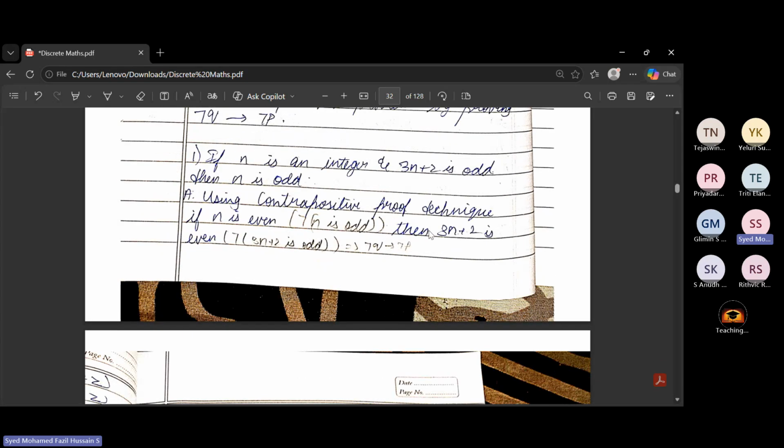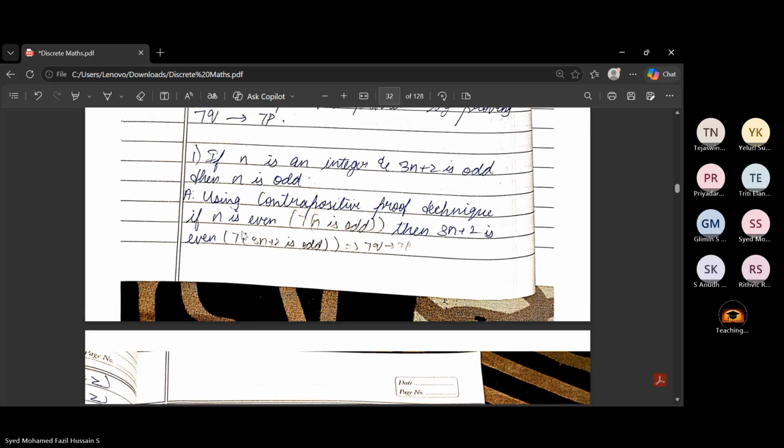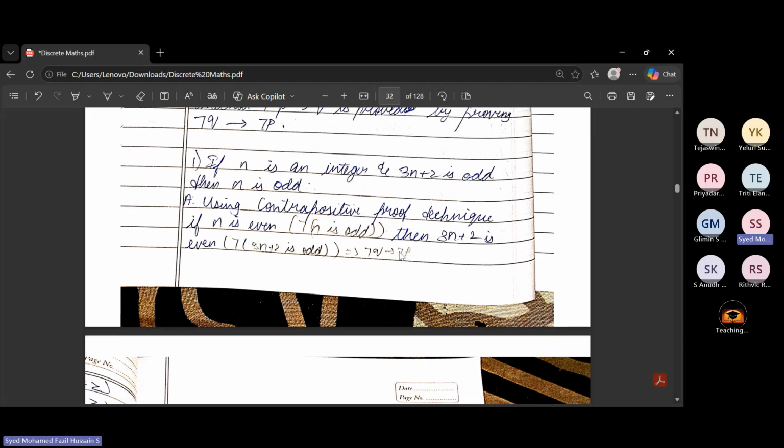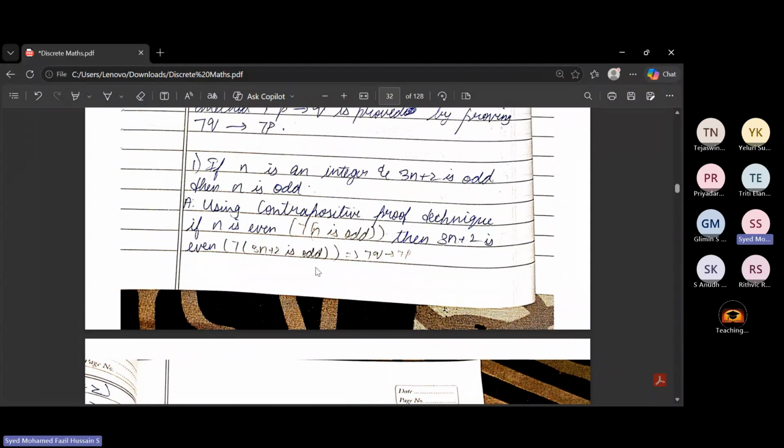Here we have to devise the contrapositive: if n is even, then 3n plus 2 is even. We have to change the position and negate it.